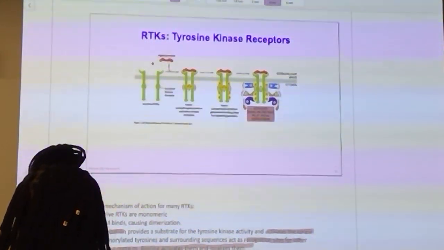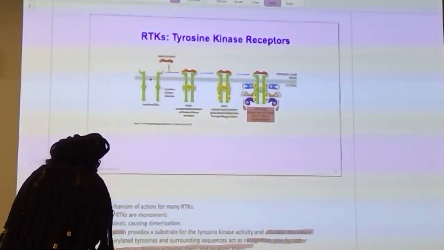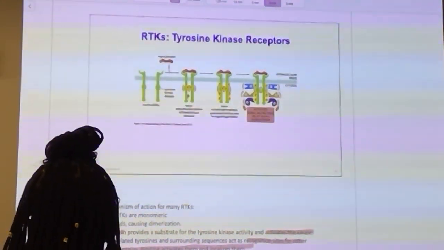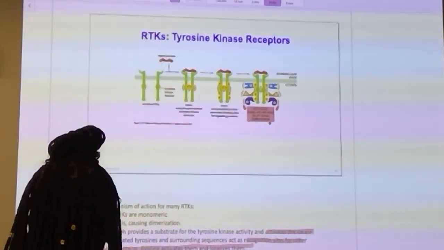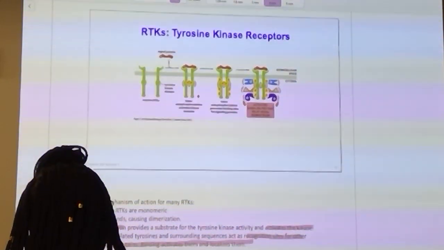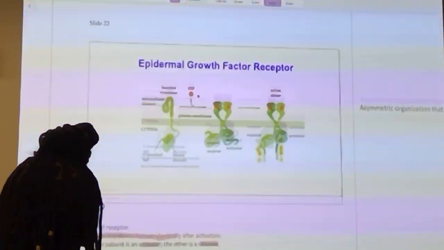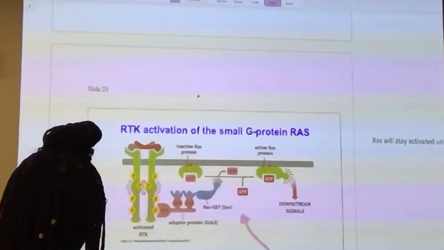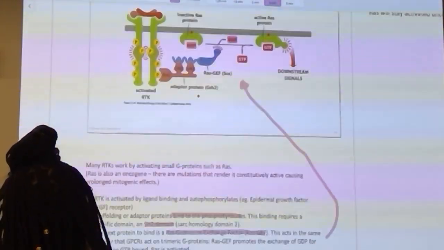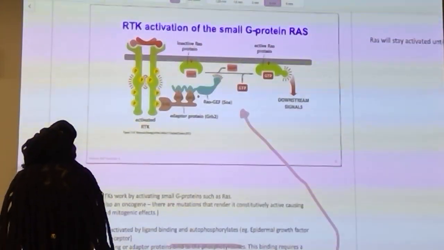So this is a monomer, and monomers have to dimerize to cause activation of signaling. Is this important?